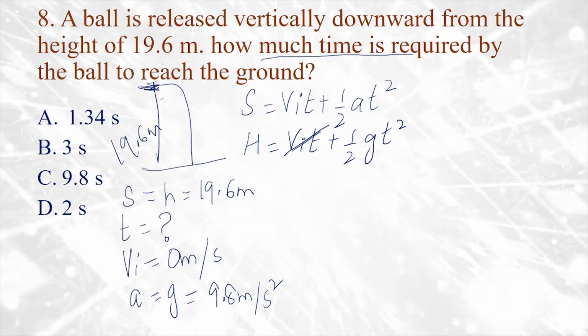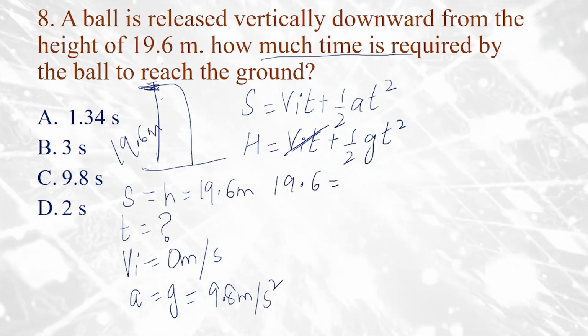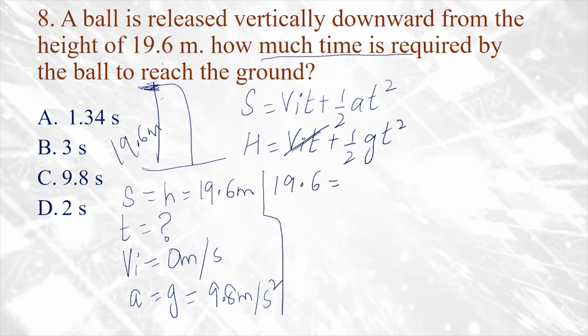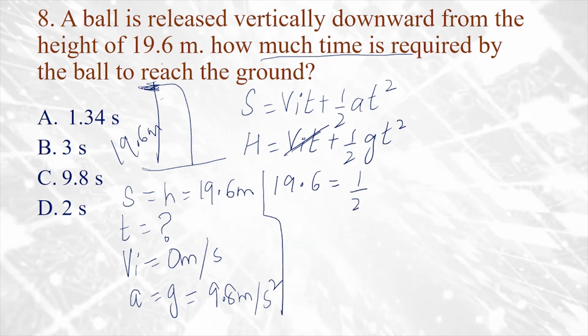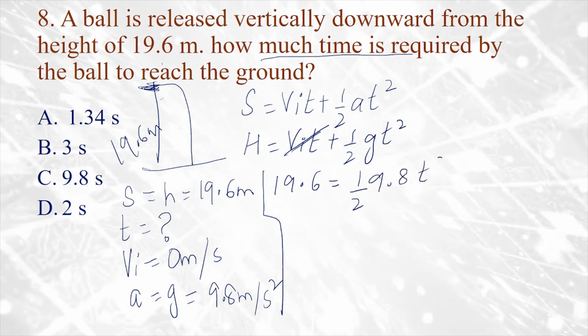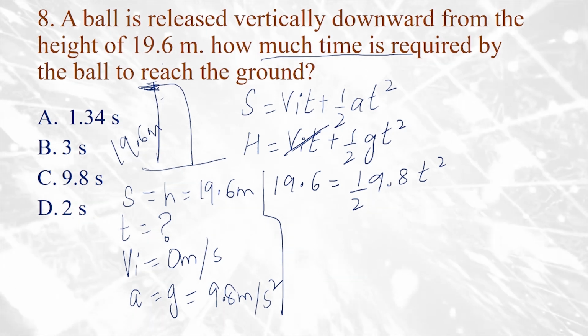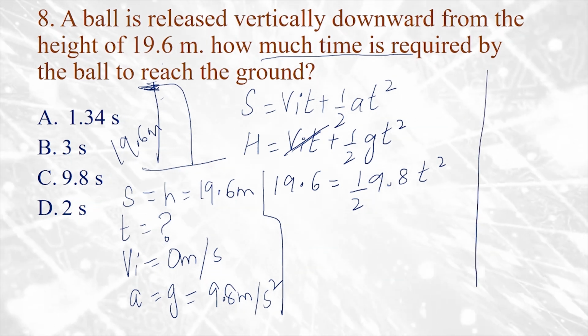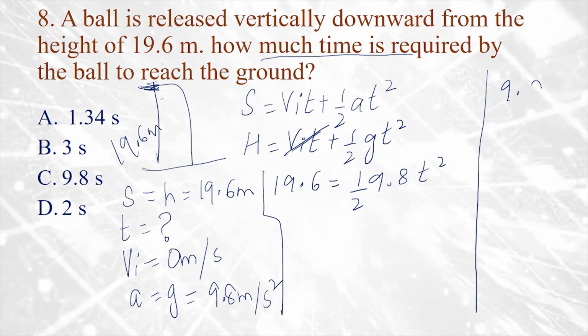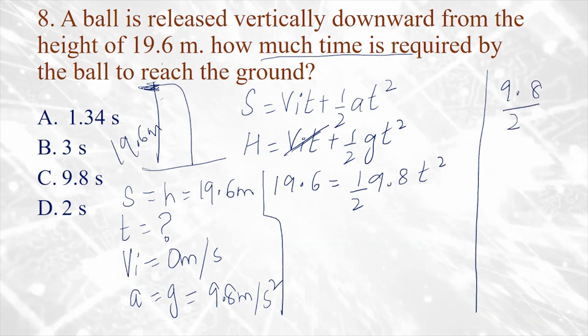So H is 19.6, equivalent to half G, 9.8, T square. First of all, you will divide 9.8 by 2. When you divide 9.8 by 2, it is very easy, but you have to remove this decimal.